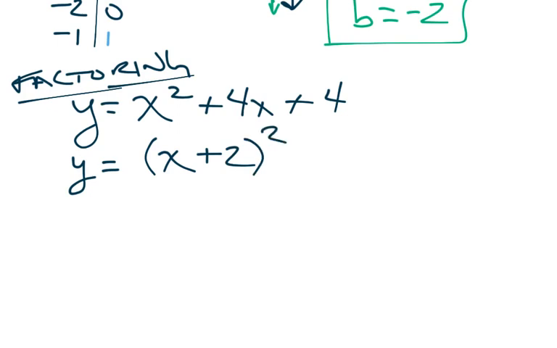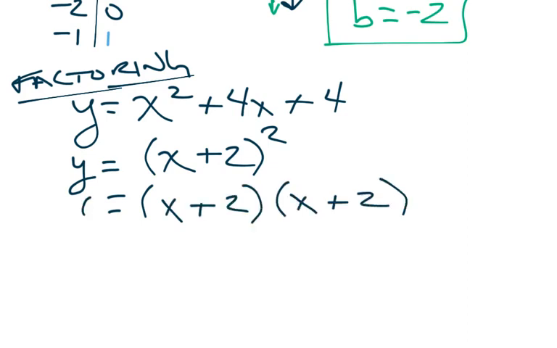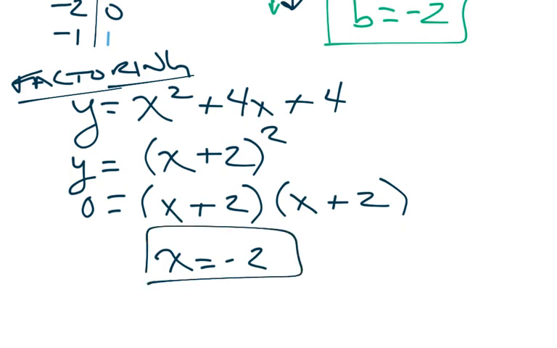So this is the same as x plus 2 times x plus 2. And if I set the left side equal to 0, that means x would be negative 2 here and here. So that's what they mean by the whole double root thing.